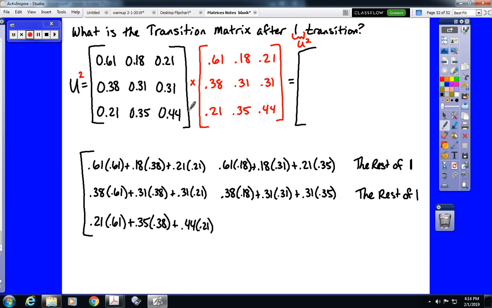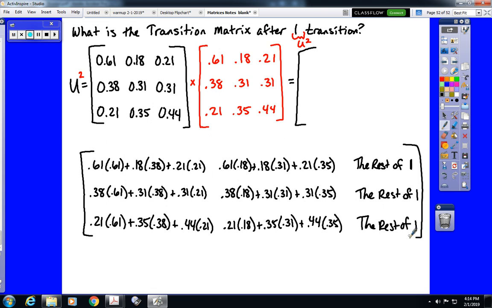Then row 3 times column 2 is 0.21 times 0.18, plus 0.35 times 0.31, plus 0.44 times 0.35. And once again, the final entry in that row will be the rest of 1. So then we're going to feed these to the calculator to get the actual decimals out.